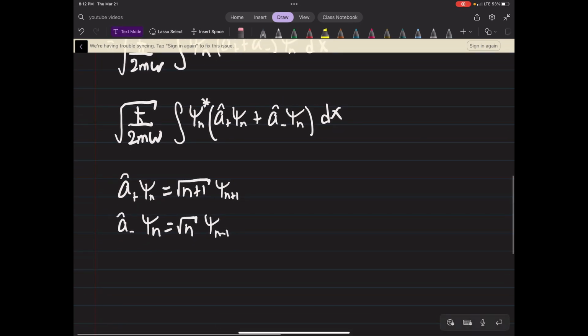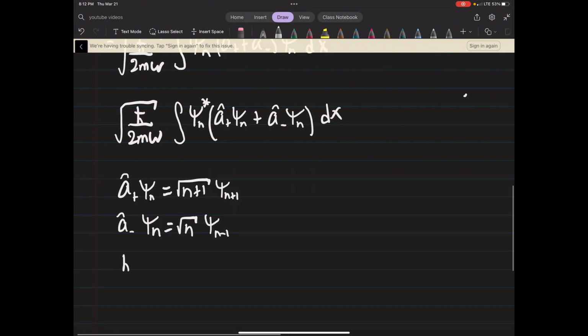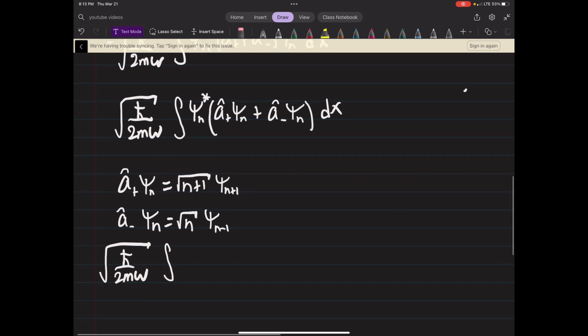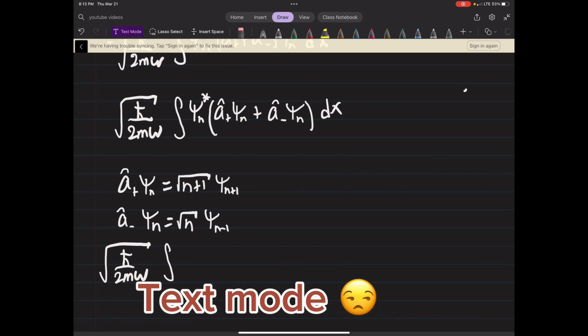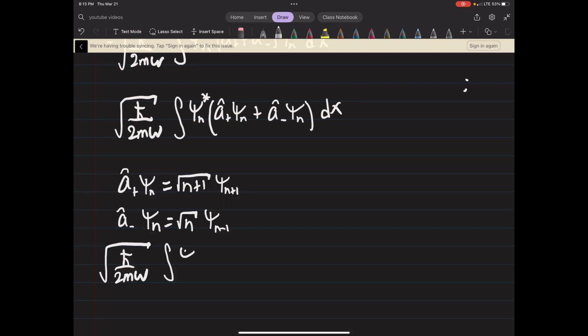We're going to apply that to our wave function. So h bar over 2m omega, the integral. Okay, so for the first one, I don't know why I did a 2.